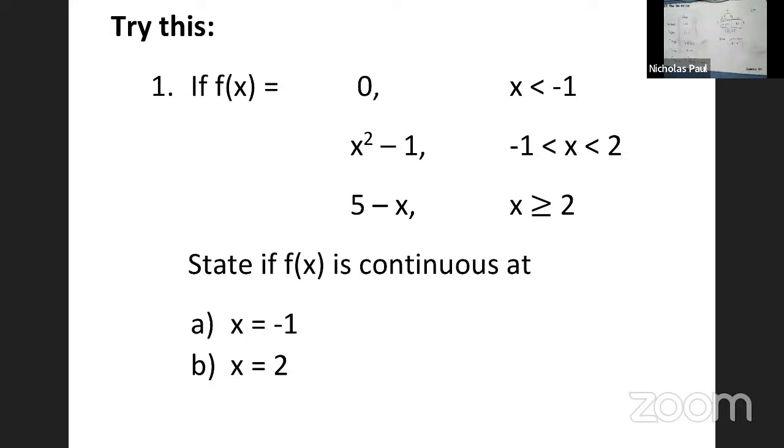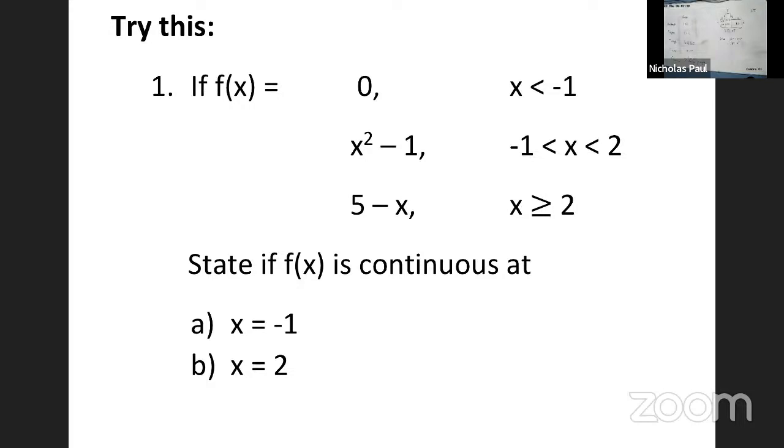Do you think it's continuous at x equal to -1? Shivani says no. Why? Andy, you're not sure. What do you think? I think it is continuous. Think about it. Look at the graph.